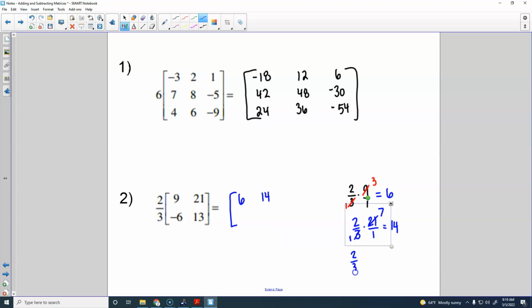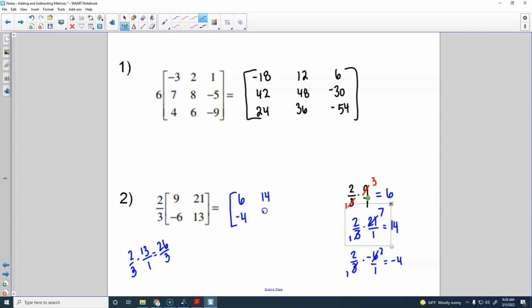2/3 times -6. Reduce that. We'll get -4. And then 2/3 times 13. This is not reduced, right? So you'll just multiply straight across. You'll get 26 over 3.